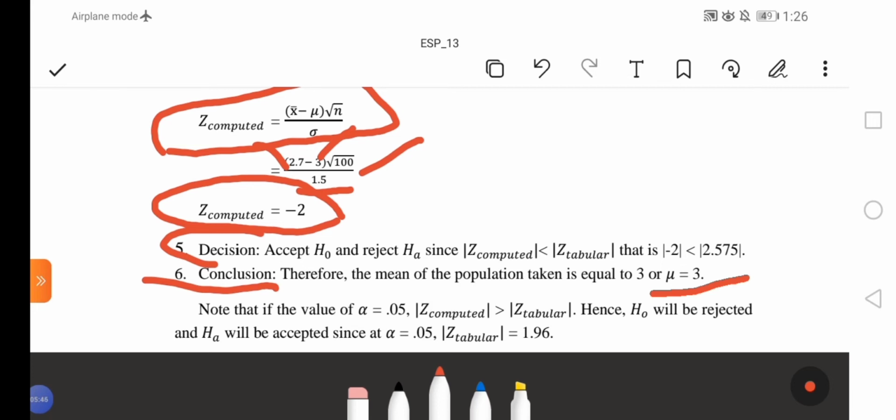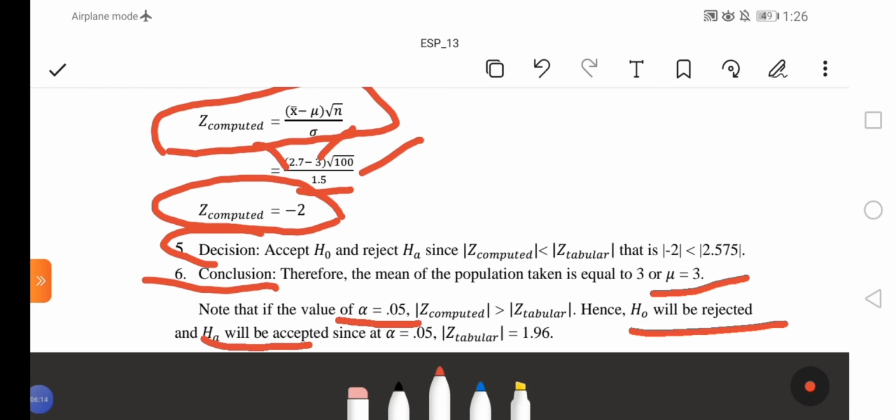Okay, since our example is a two-tailed test, we also have to note that if the level of significance is 0.05, then the absolute value of z computed is greater than z tabular. That's why we will reject the null hypothesis and accept the alternative hypothesis.